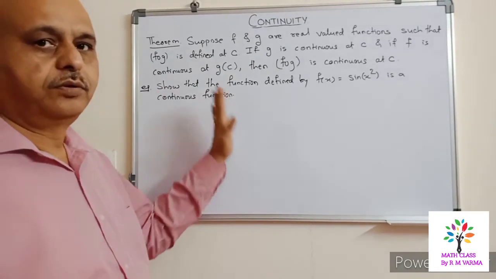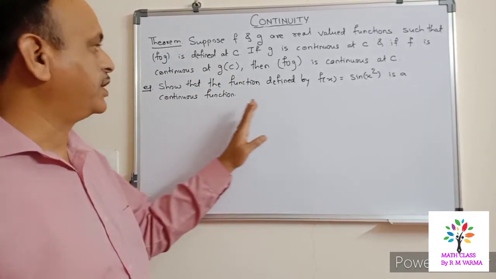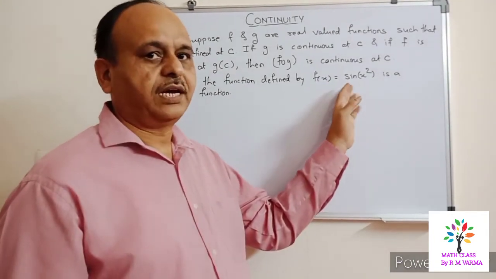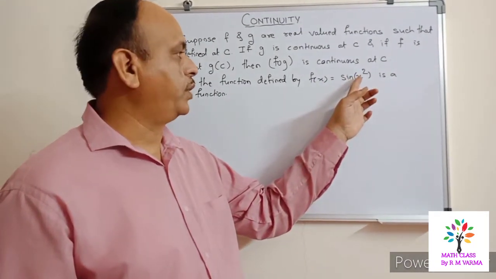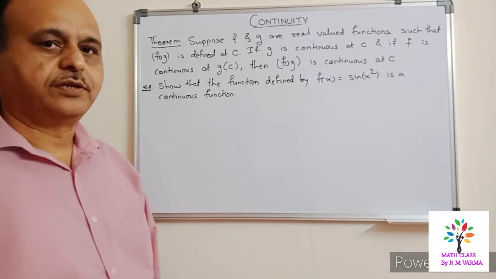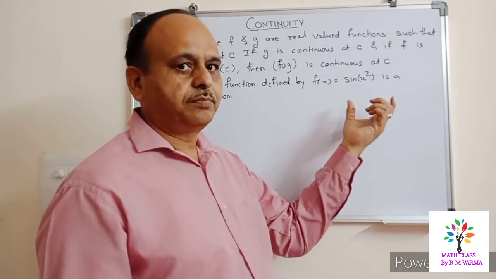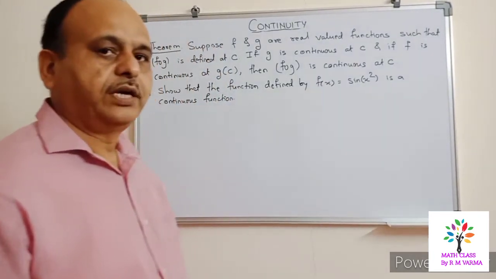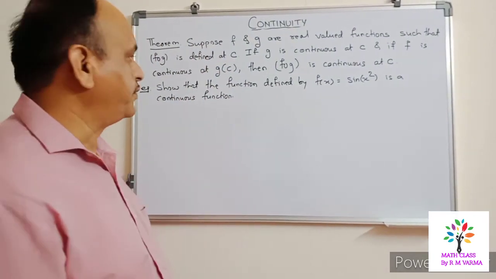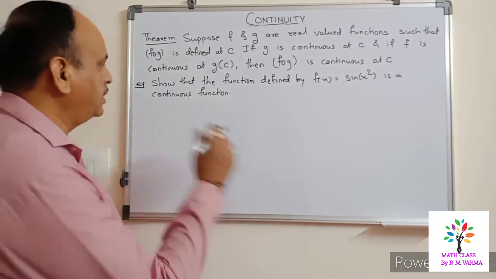Now some sums related to composition. Show that the function defined by f of x equals sin of x squared is a continuous function. Now here we have sine and x squared. There are two things merged together. So we try to find out whether it is continuous or not.